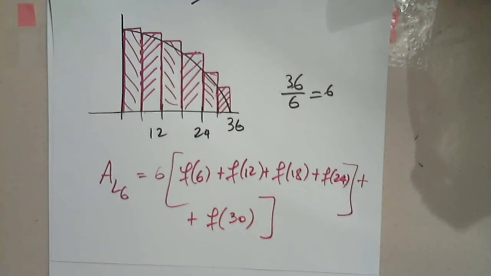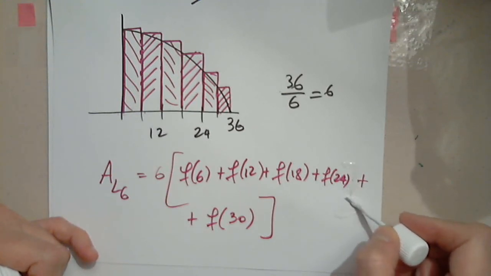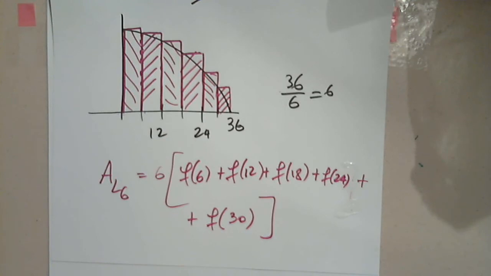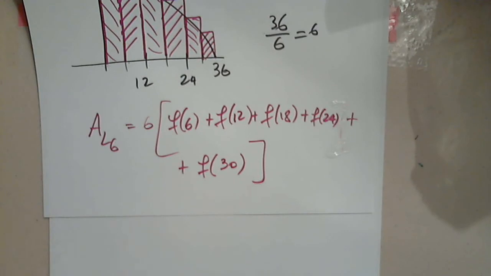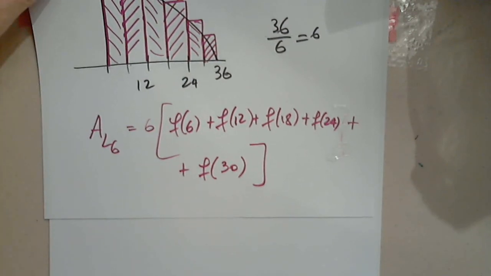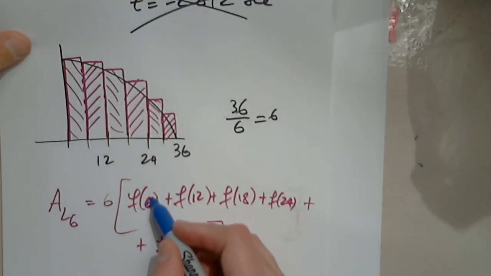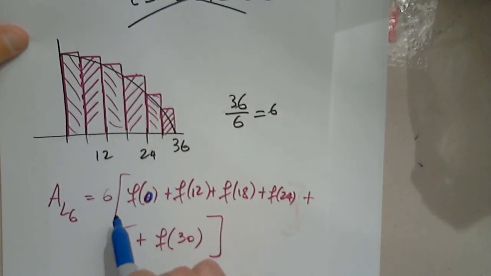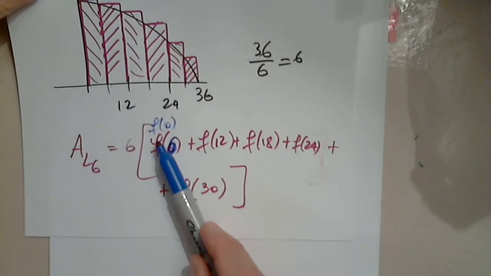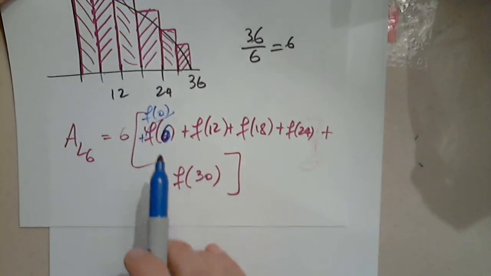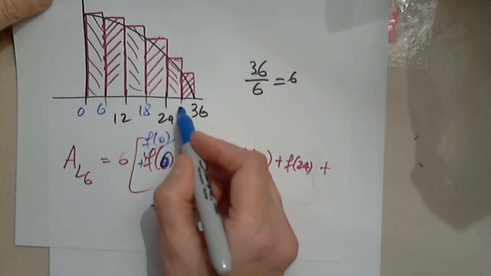And now we have to approximate those values. From my graph, again, I don't know what you see, f of 0 has to be inserted here, plus f of 6.